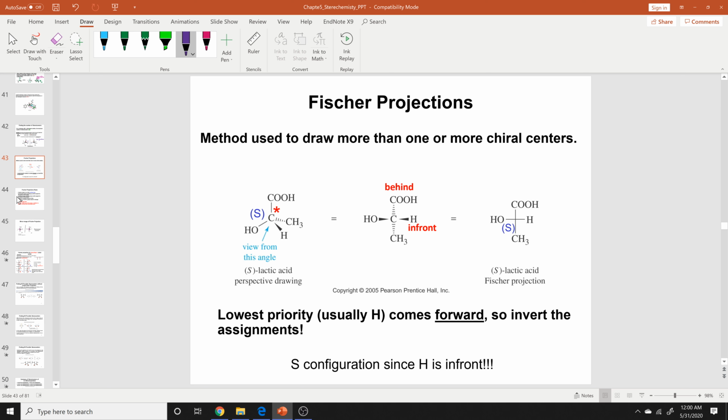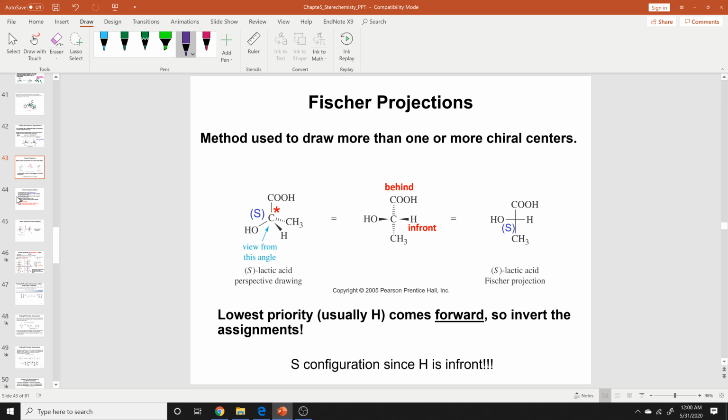Now what is that? A Fischer projection is basically represented like a cross, and the vertical line basically means that the atoms on it are behind, and the horizontal line means that the atoms on it are in front.